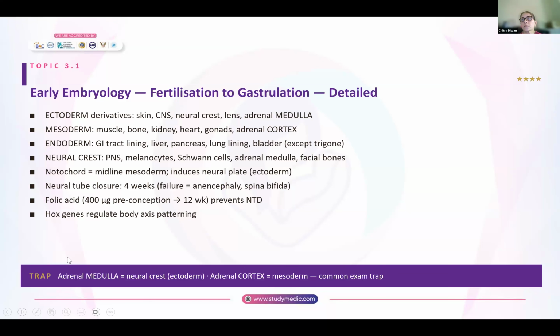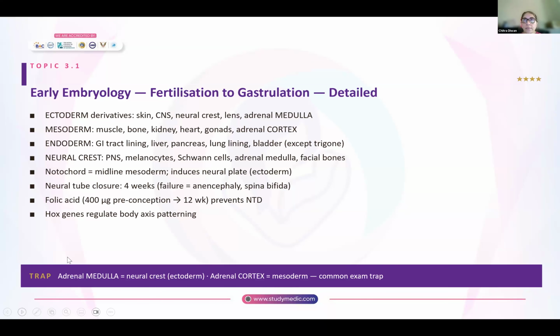Anterior closes at 21 days, the posterior neuropore closes at about 28. So if anterior doesn't close, that gives rise to anencephaly. If the posterior doesn't close, it gives rise to spina bifida. And it is deficiency of folic acid which prevents closure of this neural tube.